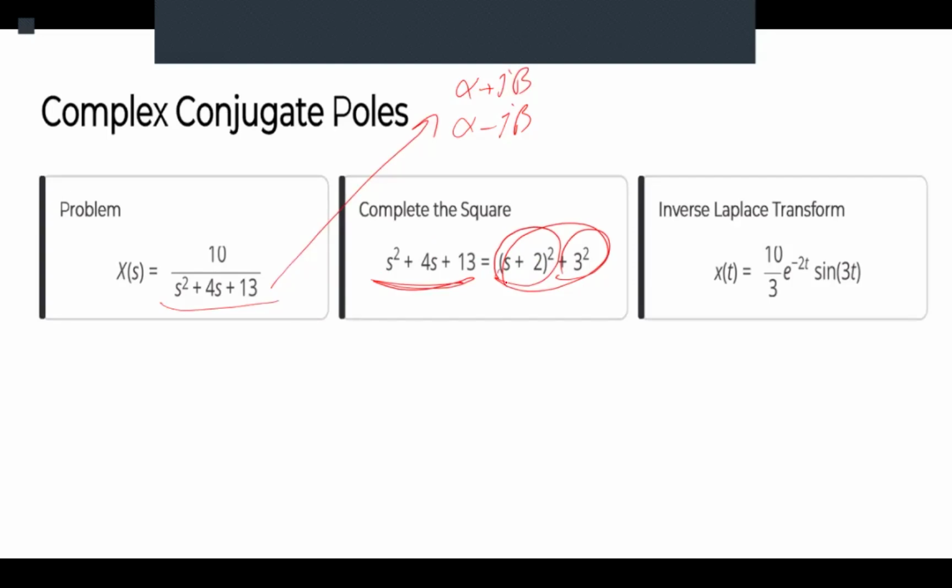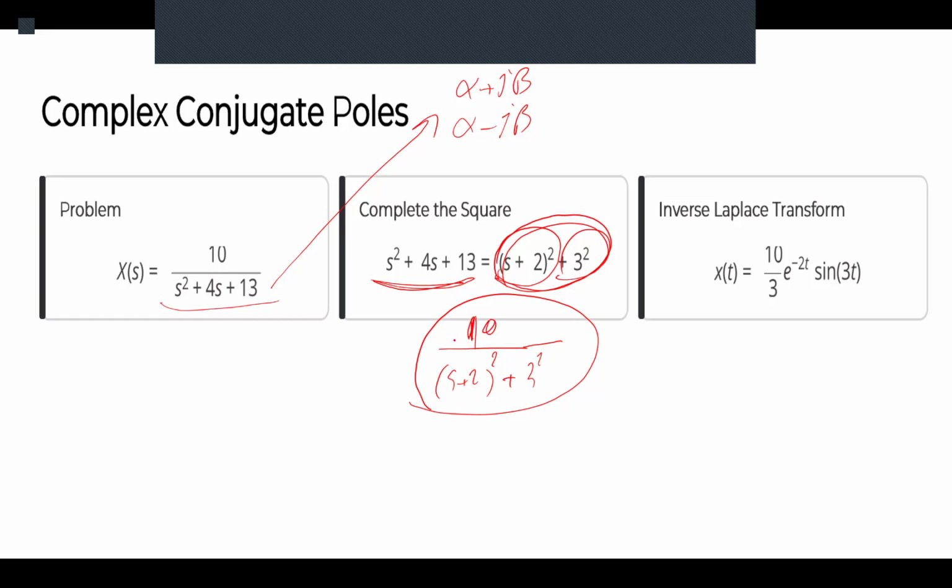What this reminds us of is a term with s squared plus another constant squared in our denominator. You see this one? What this reminds you of is a sine, and this one has a 10 actually.